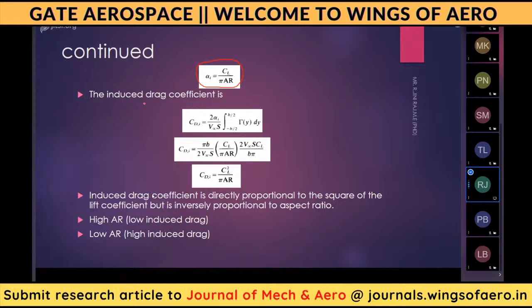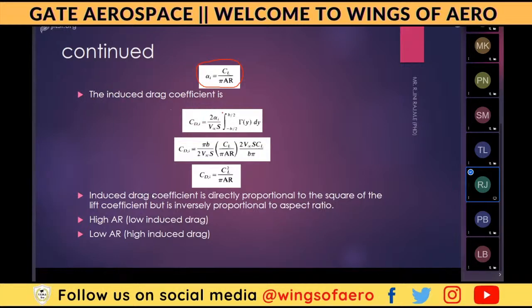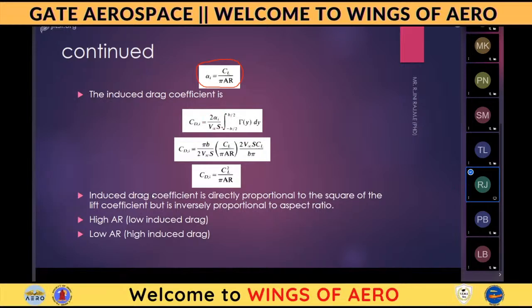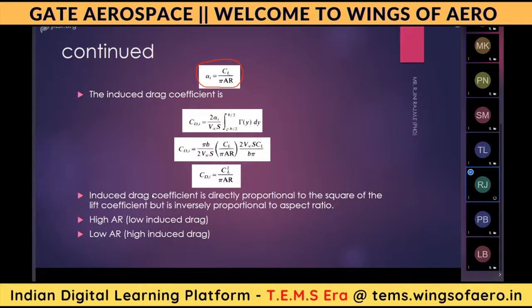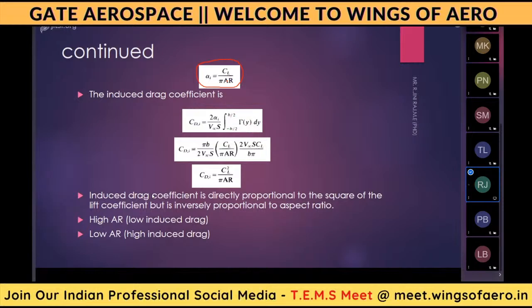drag coefficient. The formula is CDI equal to 2 alpha I divided by V infinity S, integral from minus b by 2 to b by 2 of gamma of y dy. So sometimes they will be asking questions like this.